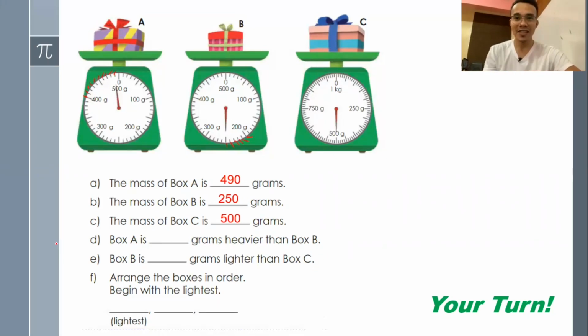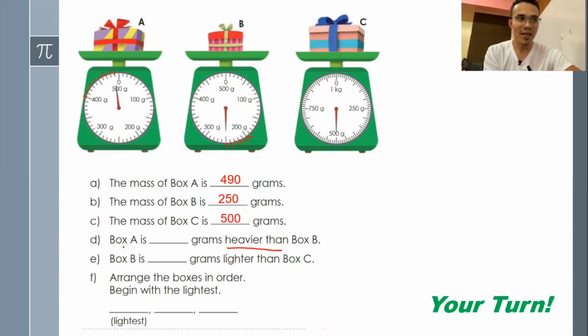Let's have letter D. Box A is blank grams heavier than box B. We have heavier than in this item. It means we are comparing. If we are comparing, we are going to subtract the numbers in order to get the difference. What numbers are we going to subtract in this item?